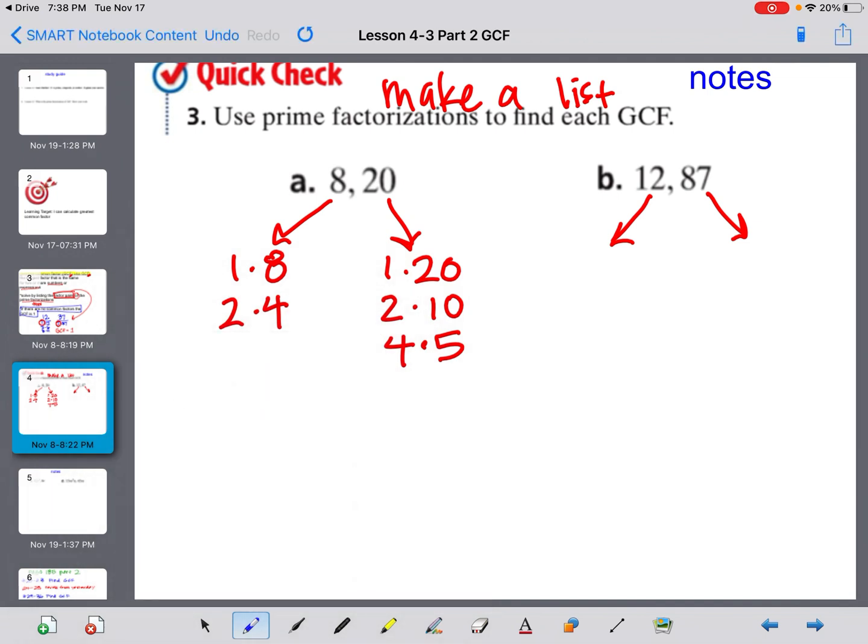Okay, now I'm looking for the greatest one they have in common. Well, they both have a 1. They both have a 2. They both have a 4. Oh, that's it, I guess. Greatest common factor of 8 and 20 is 4.